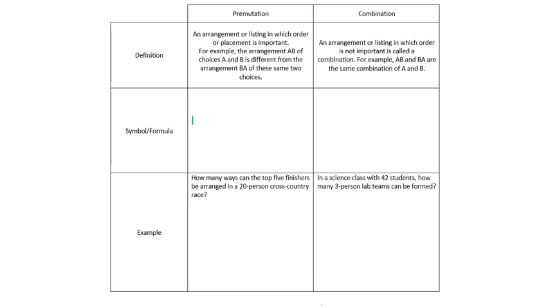You can write it like this, or you can write it like this. These are both read the same way: n things pulled r times, the permutation of n things chosen r times. Different books write them in different ways, but the formula is always the same.